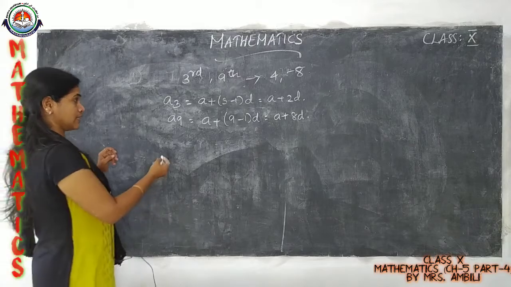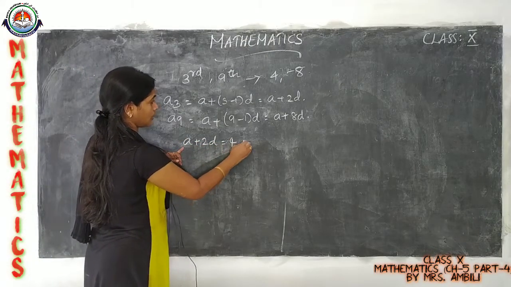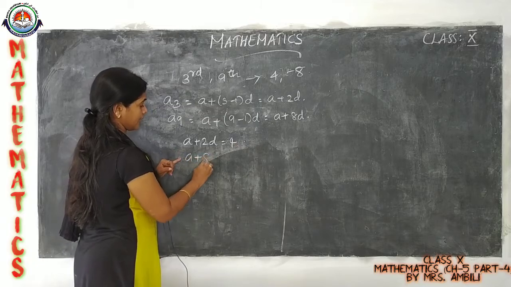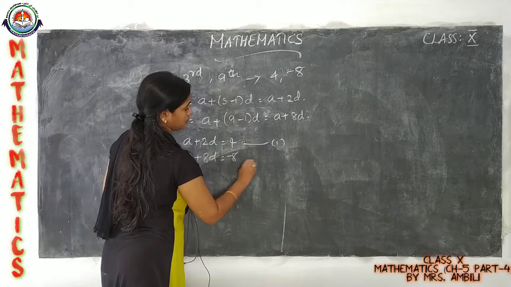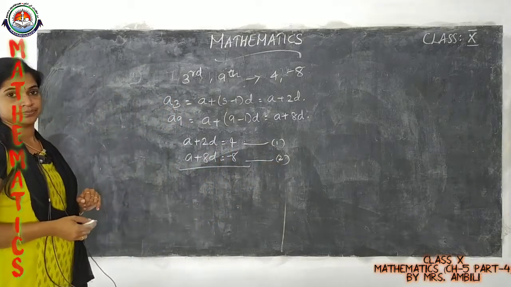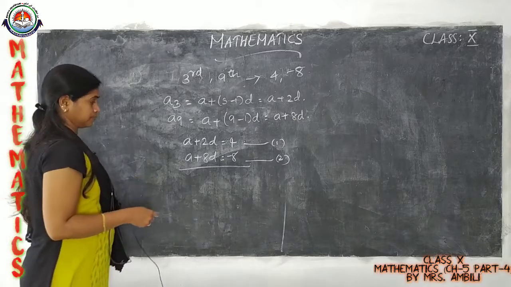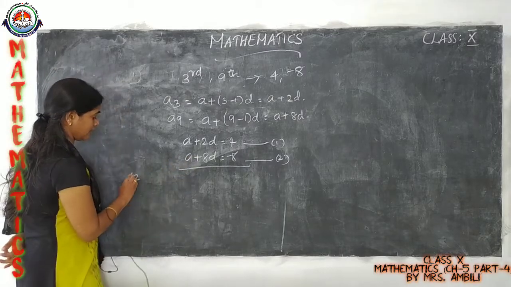So in the question it is given that a plus 2d equal to 4 and a plus 8d equal to minus 8. That's equation number 1 and 2. Solve it. By solving, that is 2 minus 1 we can do.